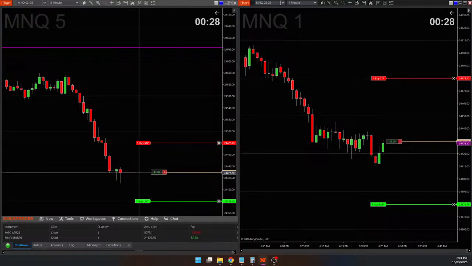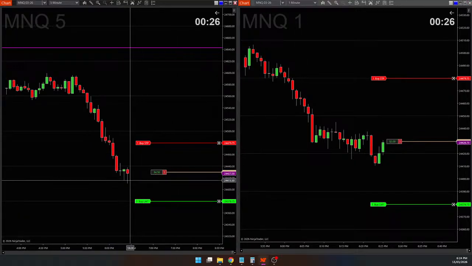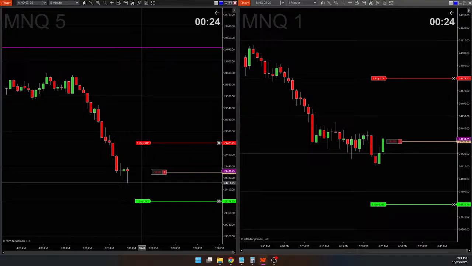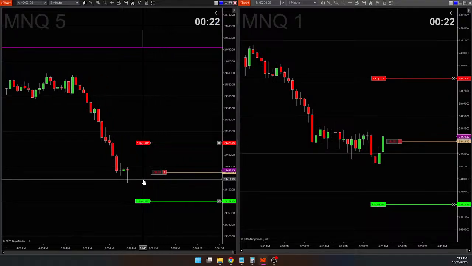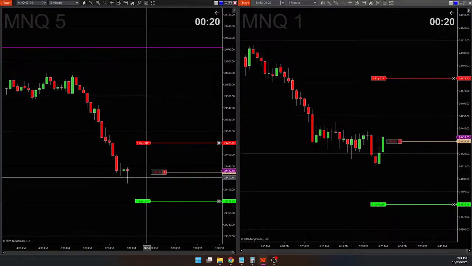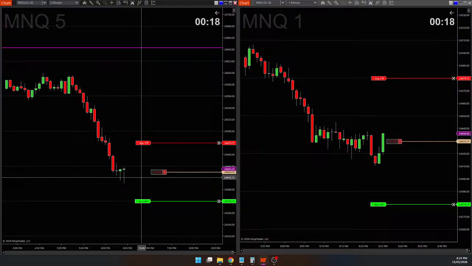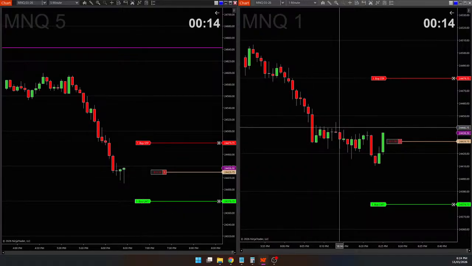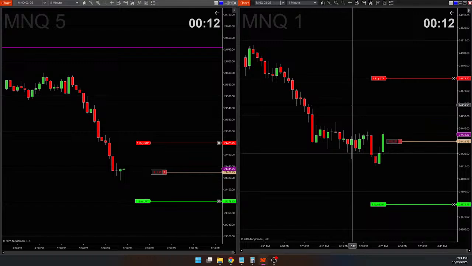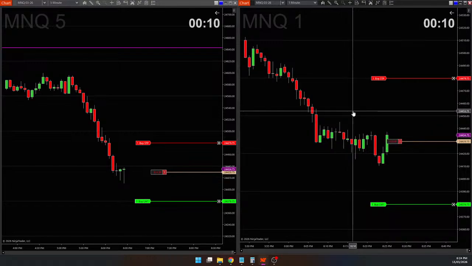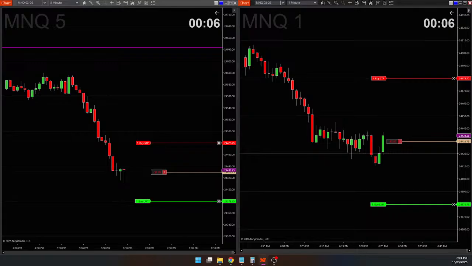At the 5 minute, quite a bit of wicks here. Now I'm starting to suspect the turning point. I really don't want to be losing $200 on these two trades. I just made $200, you know.